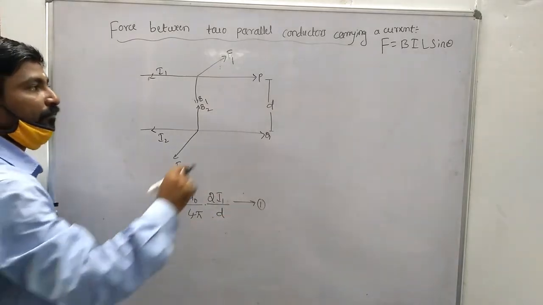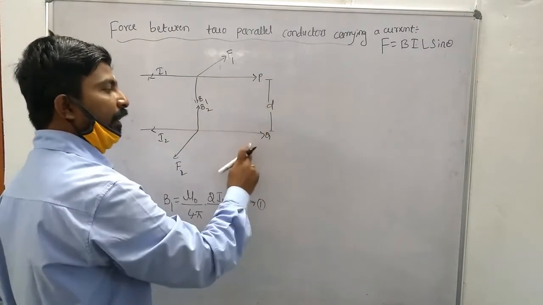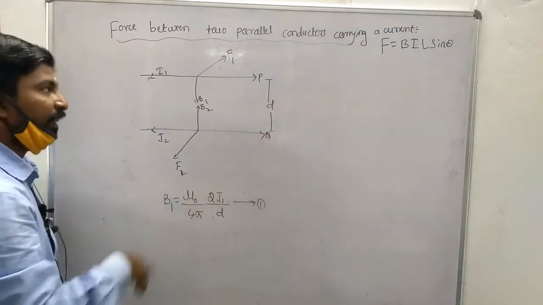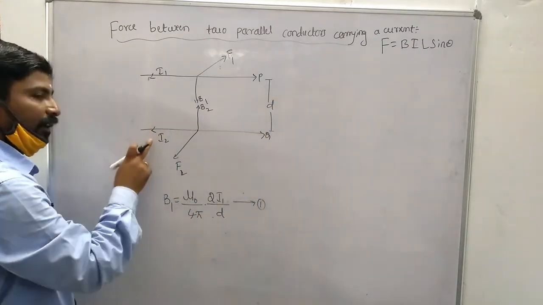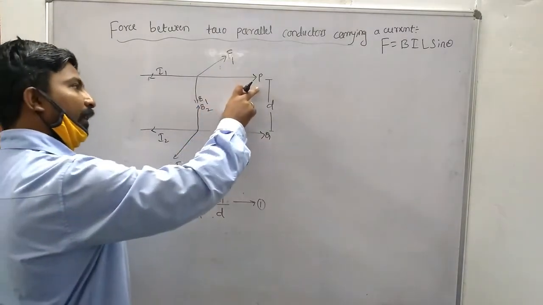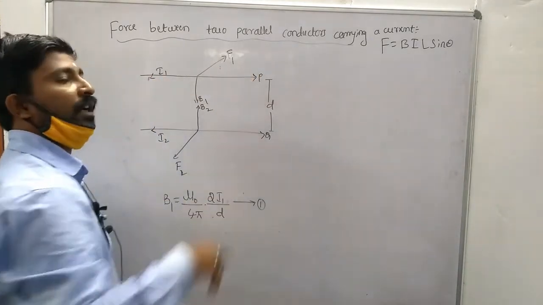Once again, consider two parallel conductors P and Q separated by a small distance d carrying a current I1 and I2 respectively. The conductor P will produce the magnetic field at all points around it.